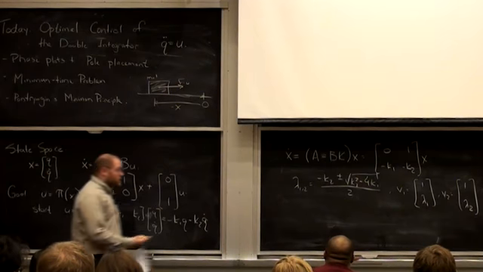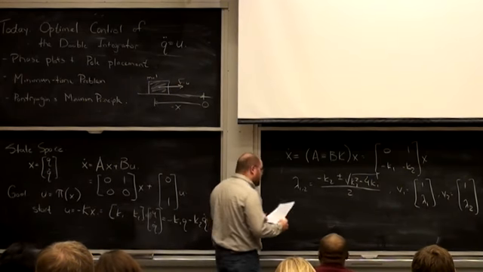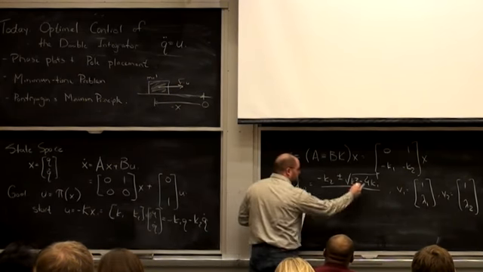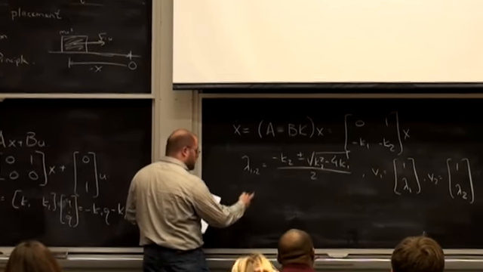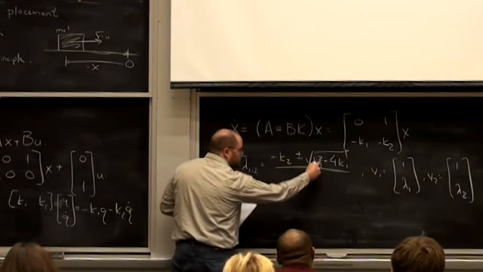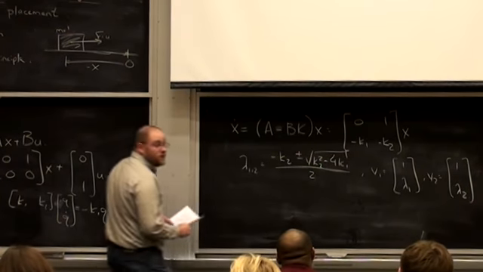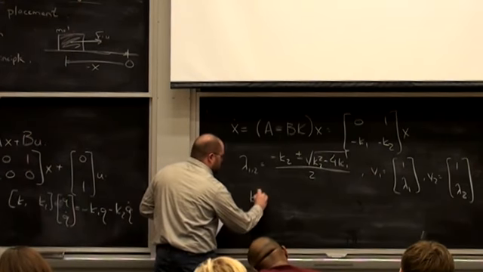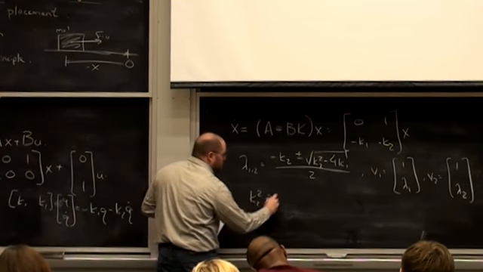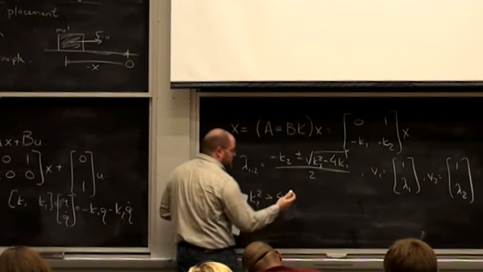Okay, so we want a couple things, right? We want both of these to be less than 0, which we can get pretty easily, and we want k2 squared to be bigger than 4k1, right? If k2 squared is bigger than 4k1, then the system is actually overdamped.